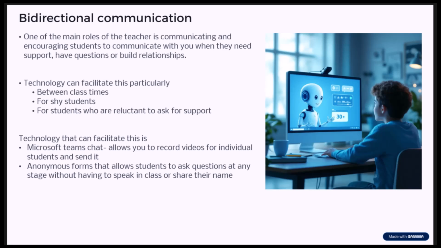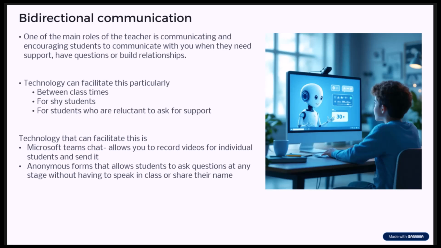The last critical role of technology is to support communication, more specifically bi-directional communication, in which students can communicate with teachers as well as teachers communicating with students. One of the main roles of teachers is communicating, and often this can be one way. However, in order to build relationships, it's important that this happens in both directions.